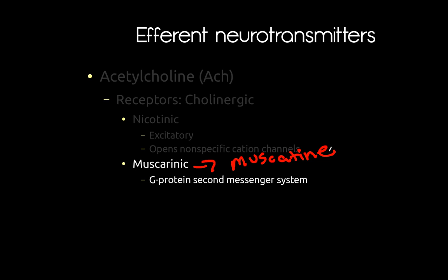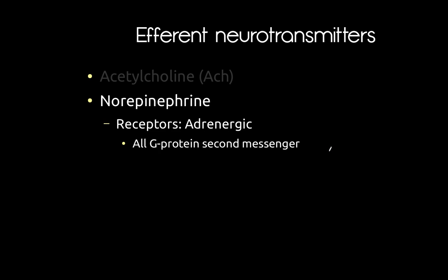These muscarinic receptors, instead of a nonspecific cation channel, have G protein second messenger systems causing the effect instead. So in this case, it's a slightly different action, and a slightly slower reaction as well. But just know that these are the two types of cholinergic receptors. We'll talk a lot more about these as the quarter goes on.